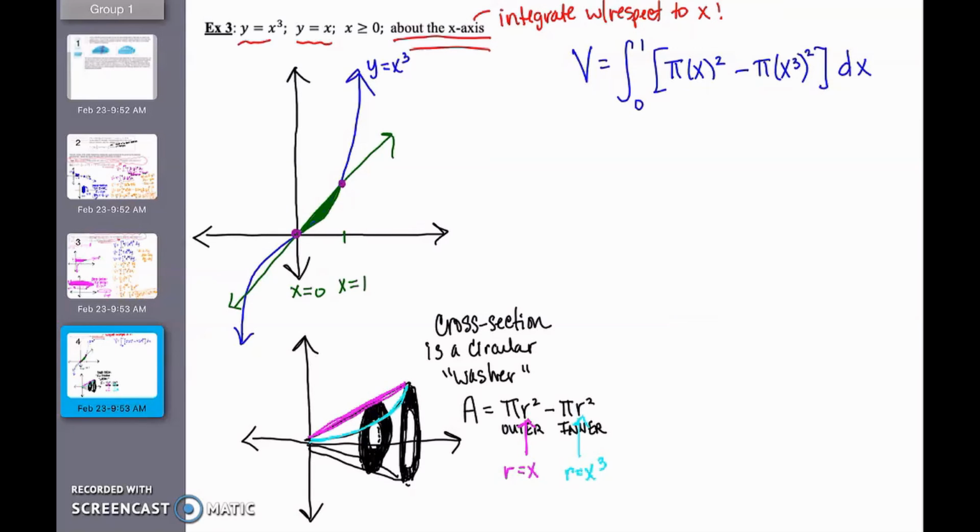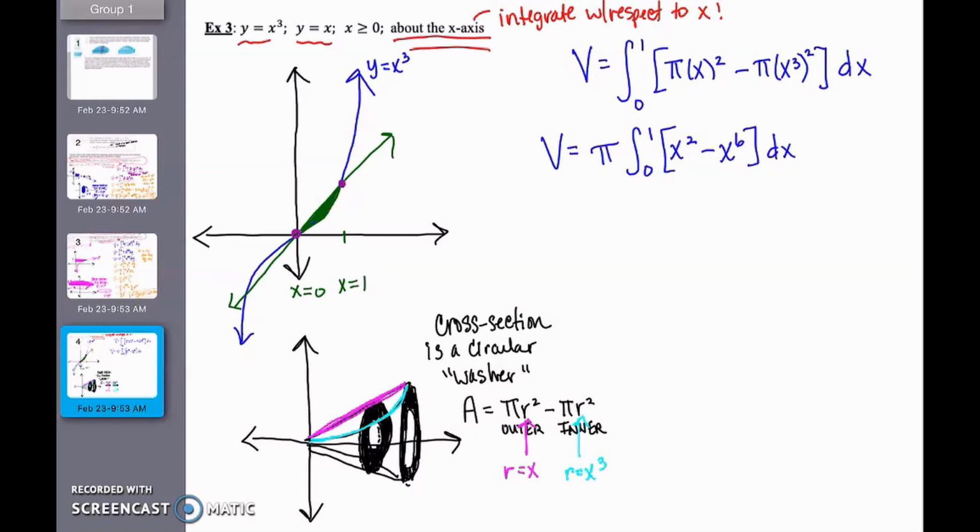All right, so now we can just do some calculus, right? Some math. So the first thing I'm going to do is factor that pi out in front of my integral. So I've got the integral from 0 to 1 of x squared minus, and power to a power we multiply, x cubed squared is x to the 6. So x squared minus x to the 6 dx.